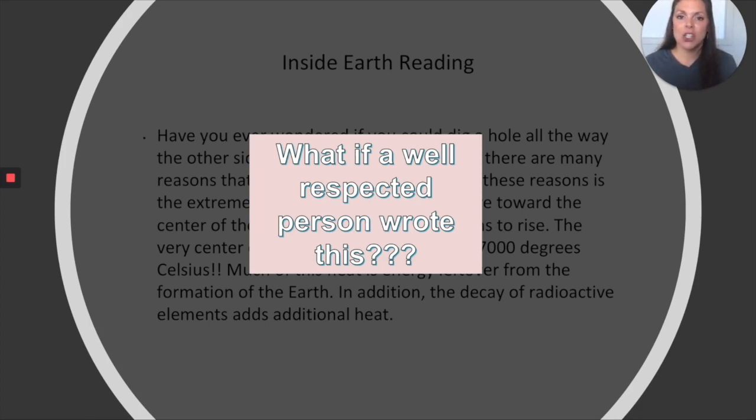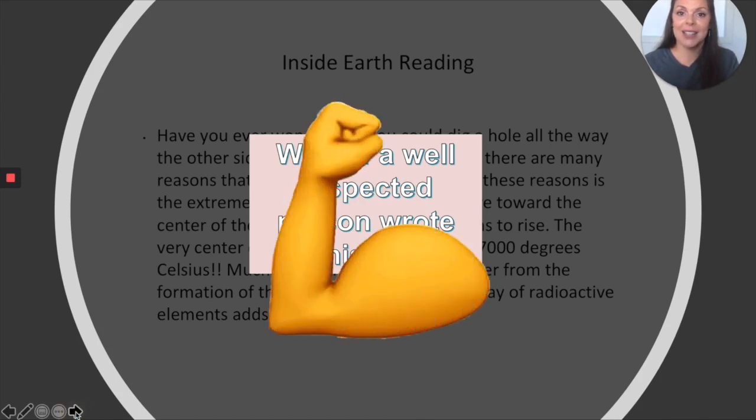Their information is considered really good because they have built good scientific arguments, and the thing that makes them really good is that they use multiple pieces of evidence to support their claims, so they're not just making it up. So if you can find text that's written by a well-respected person or group of people, that's going to make your argument even stronger.